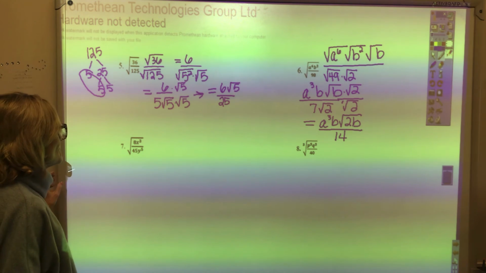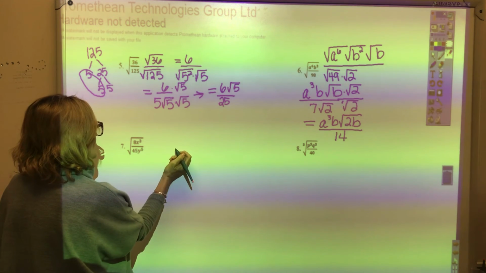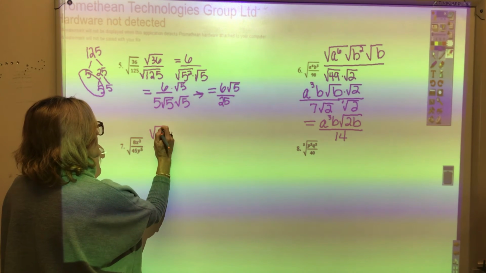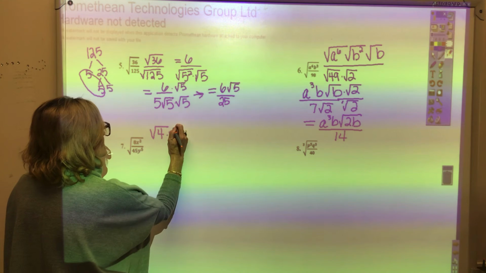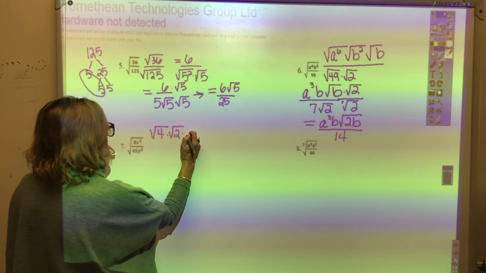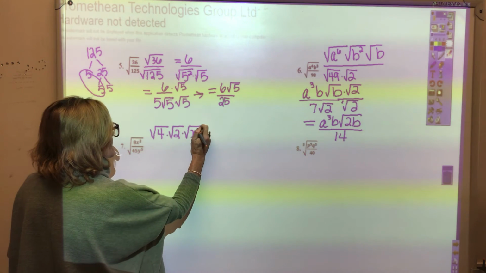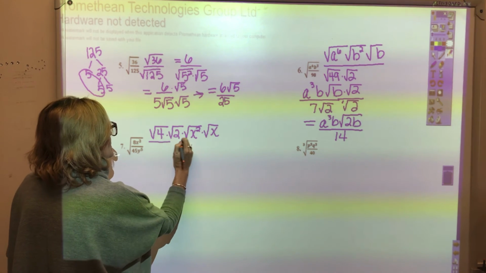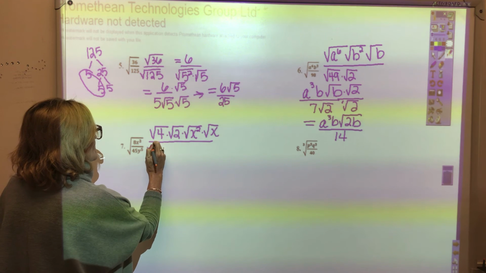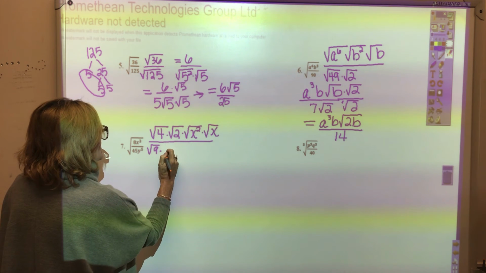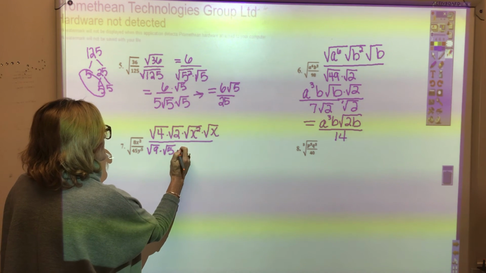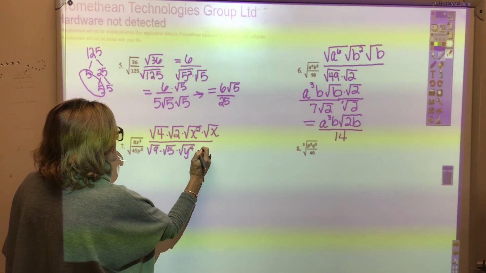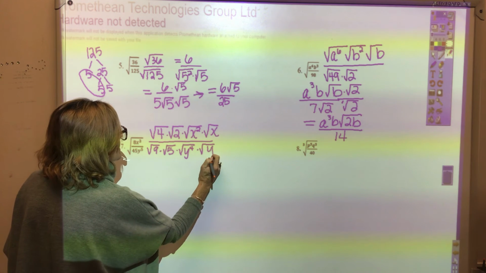Let's take the numerator and rewrite it as the square root of 4 times the square root of 2 times the square root of x squared times the square root of x, over the square root of 9 times the square root of 5 times the square root of y to the 4th times the square root of y.